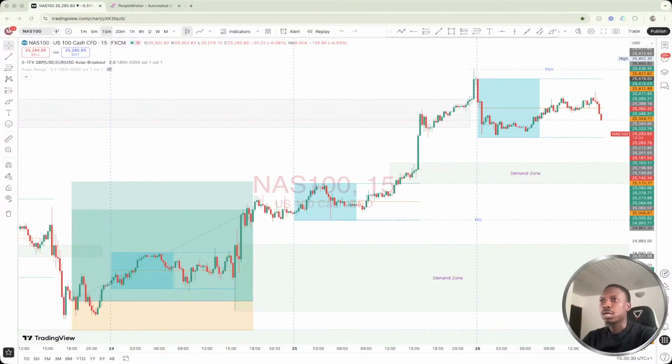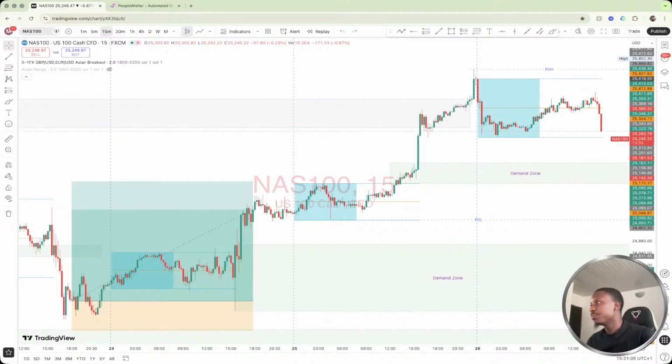I believe NASDAQ should be taking the previous day low and the Asian low, and as soon as it can do that, we're potentially going to be taking the trade back.